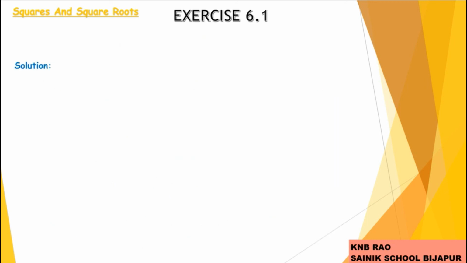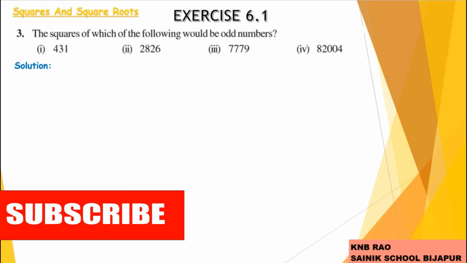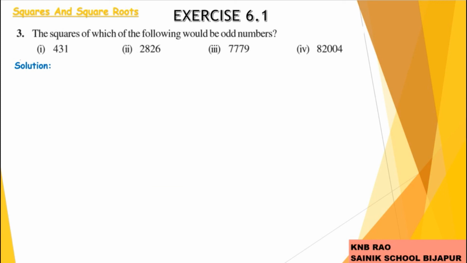Next, the third main question: the square of which of the following would be odd numbers. So you need to tell the square of 431, is it odd or even?